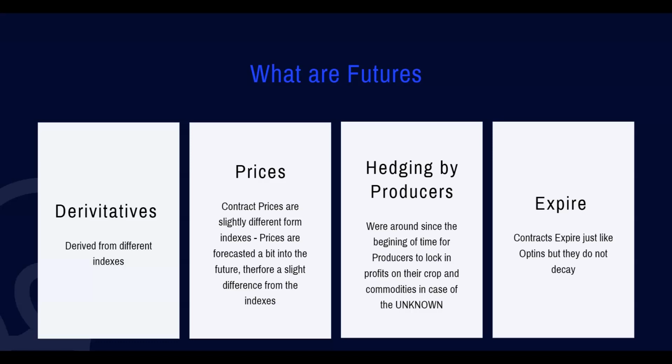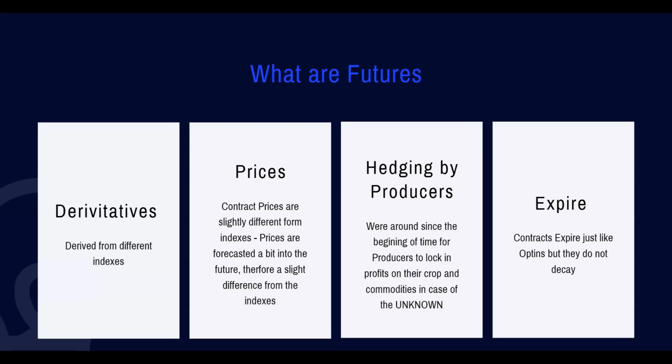There might be a storm and flood them out, etc. Just in case of any of these unknowns that can happen. When they see a price that they're willing to lock in, they will use the futures markets to hedge their crop, lock in a price, so that if there's any kind of downfall, it's like their insurance. So producers use a lot of these things to hedge, okay? And therefore that's why they expire too.